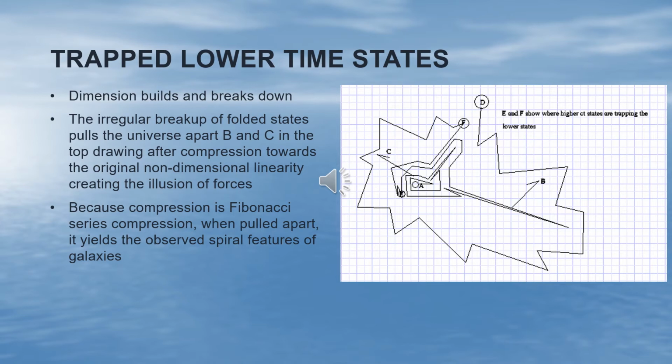Dimension builds and breaks down based on the folding of information states. The two-dimensional representation shown here shows how a line beginning at A and ending at D has intermediate points, and three of those have been labeled as C, B, and F. Originally, if this line was straight, it would represent space, and a dimension was added when it was folded.